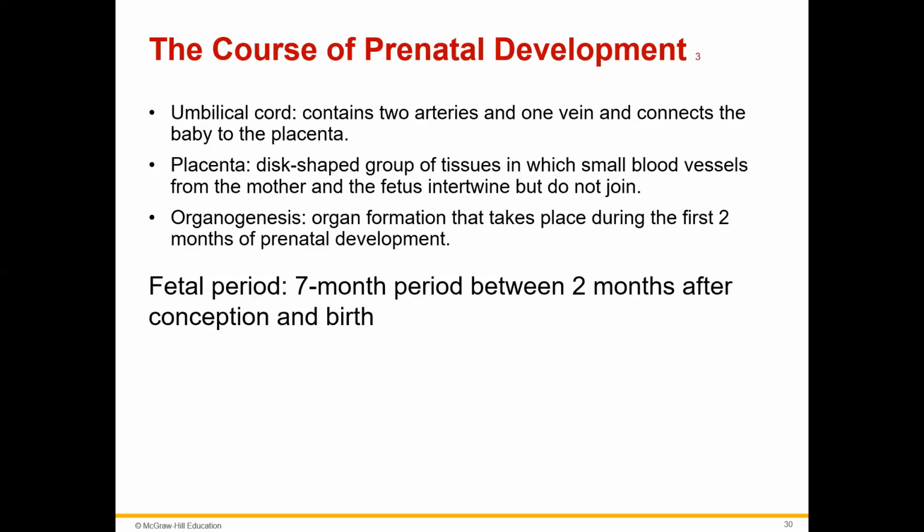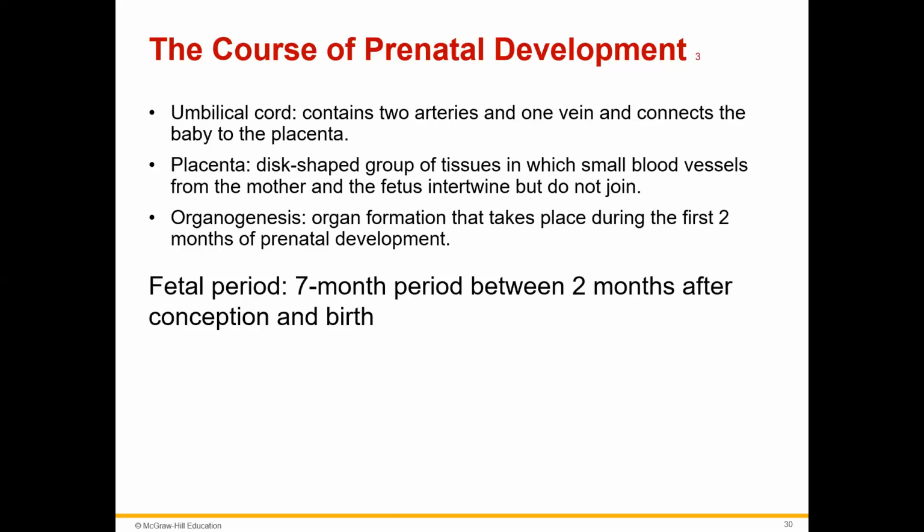It is a time where they're most at risk from things like the mother taking drugs or drinking alcohol or taking pills, so any kind of environmental influences can do the most harm at this point. Okay, we'll talk a little bit more about that when we get to teratogens later on and talk about environmental influences.